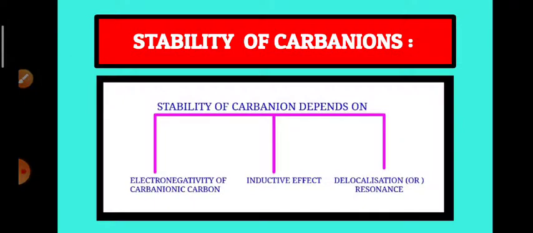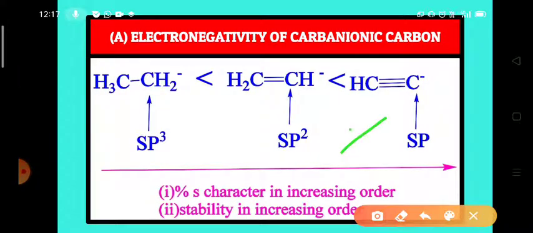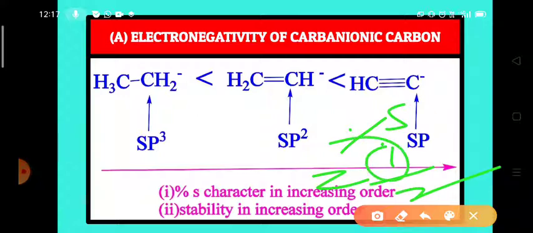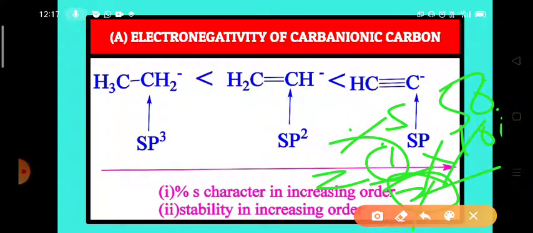So the percentage of S orbital in sp hybridization is 1 by the total number of orbitals, which is 2, into 100. That means it becomes 50 percent. Okay?